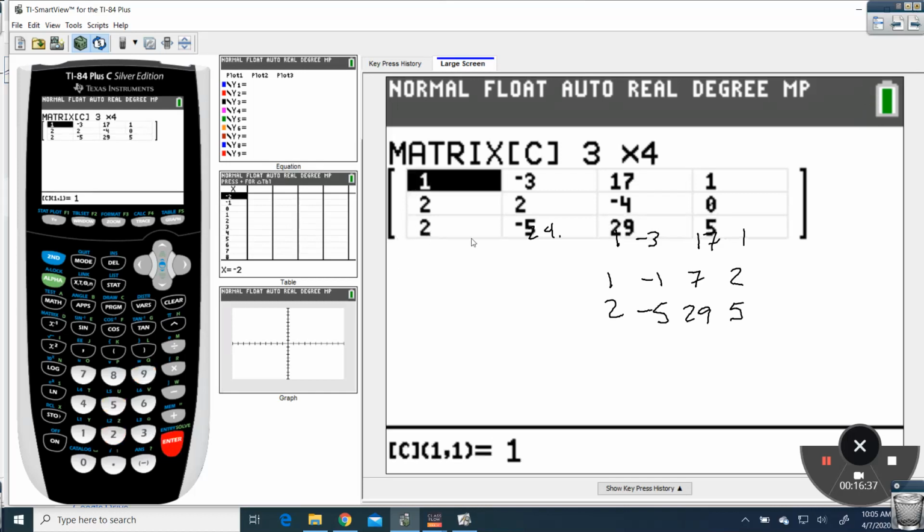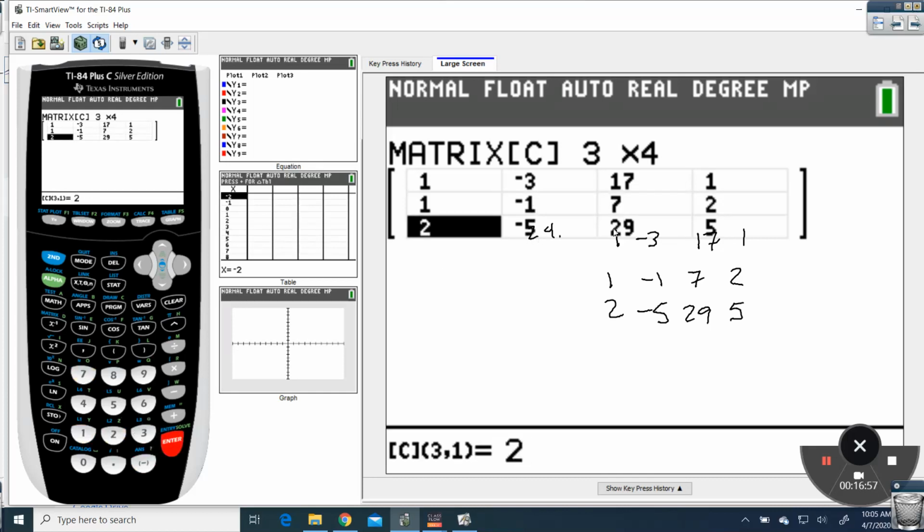Make sure those match. Uh-oh, that shouldn't be a 2 there. That should be a 1. Negative 1, 7, 2. I don't know what I did, but something's way off.